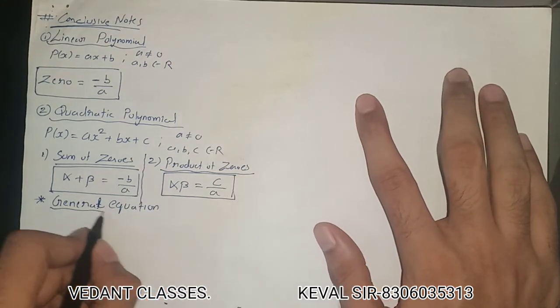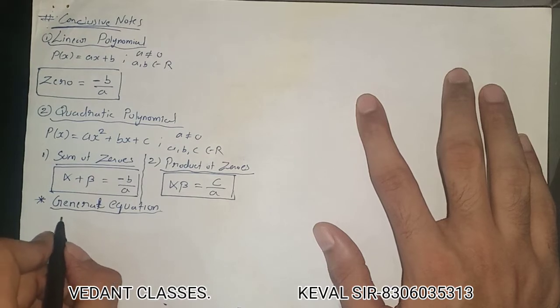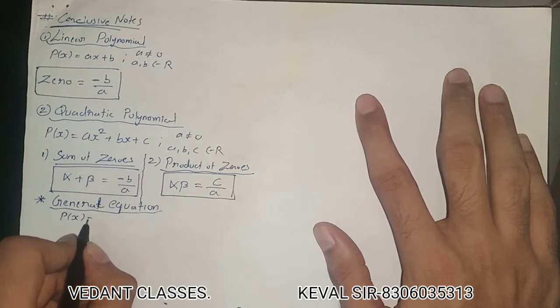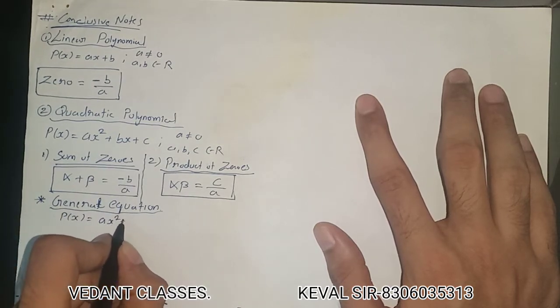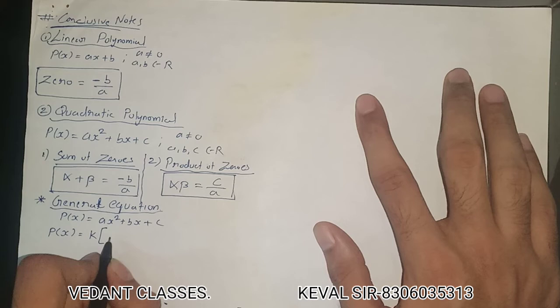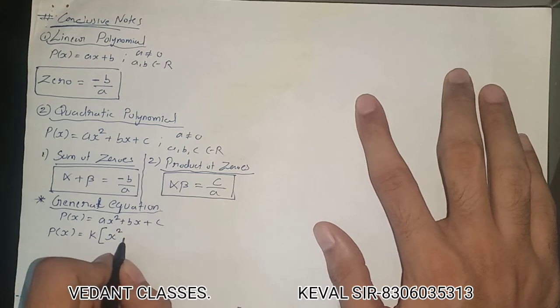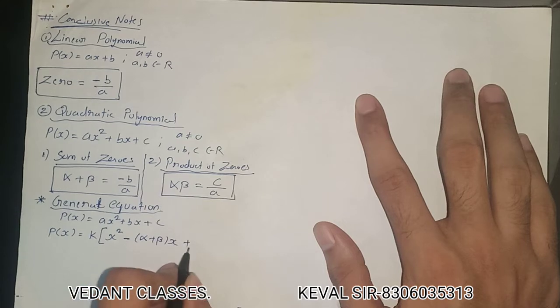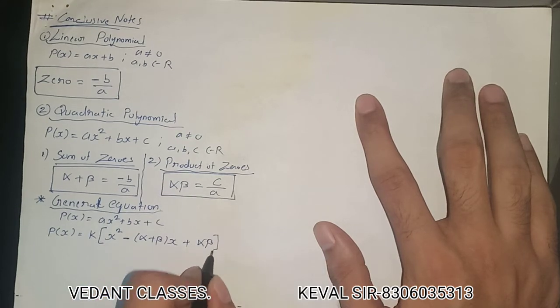So we write p of x equal to ax square plus bx plus c. You can also remember it like this: p of x is equal to k times x square minus alpha plus beta x plus alpha beta. This is what we have derived.